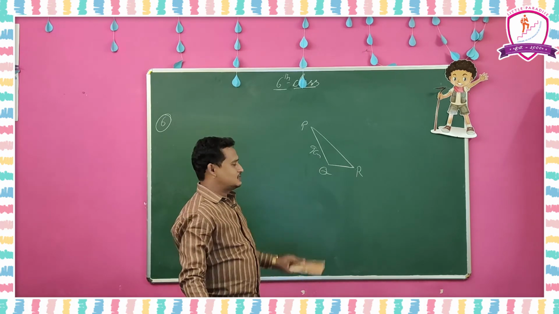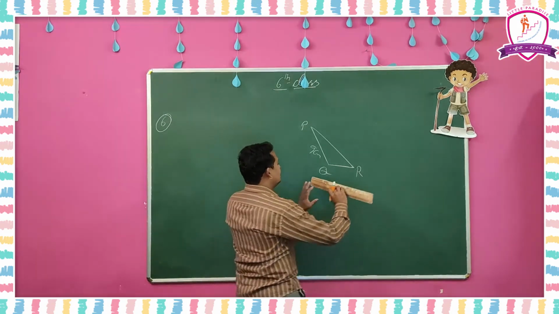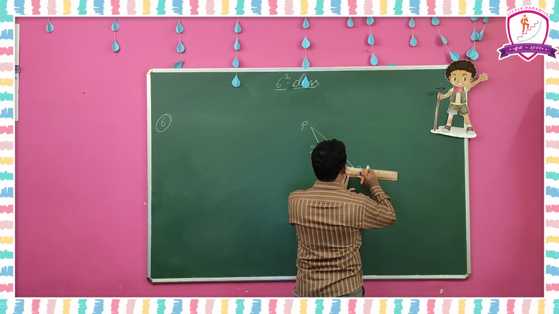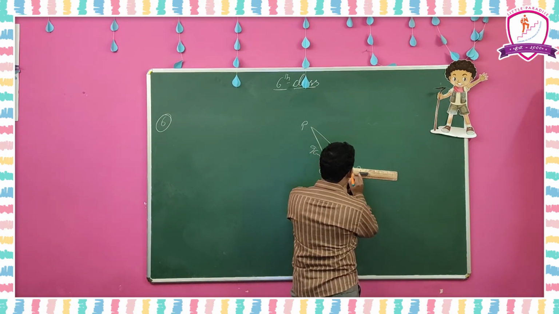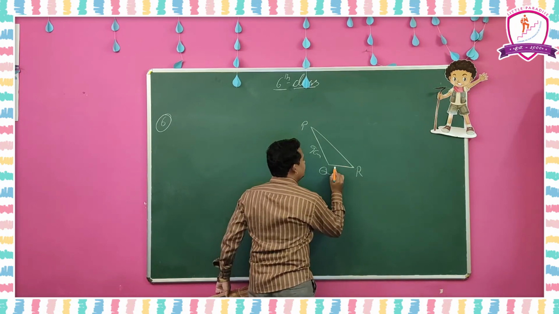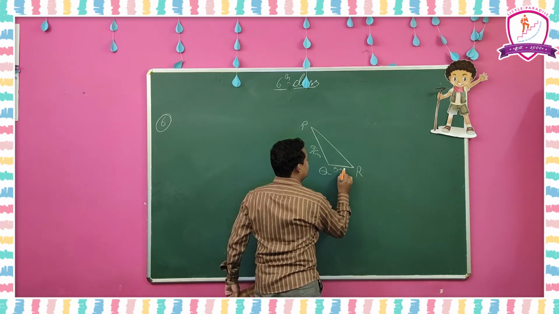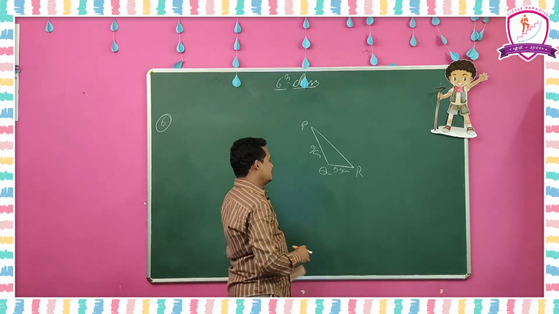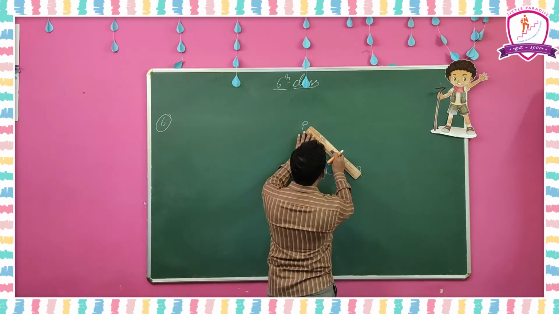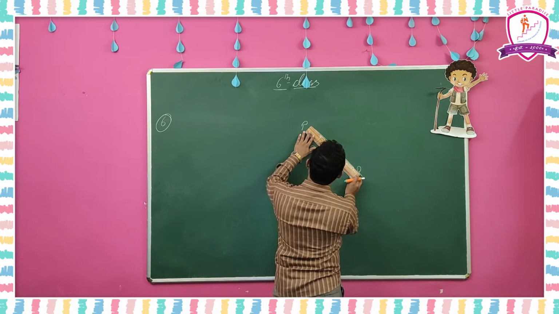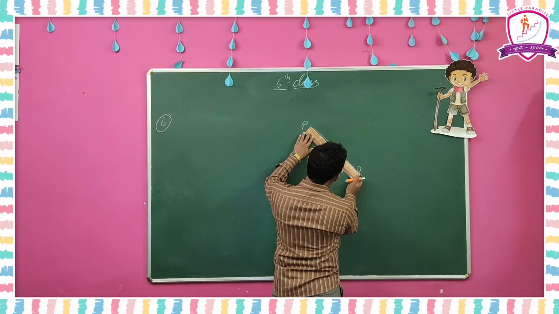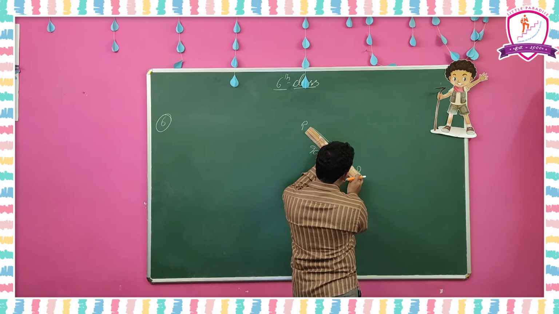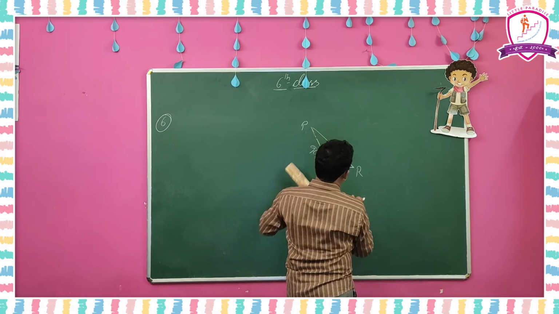It will be different from this. Next, the QR measure is 5.5 centimeters, 5 centimeters 5 millimeters. Next, PR is 13.5 centimeters.